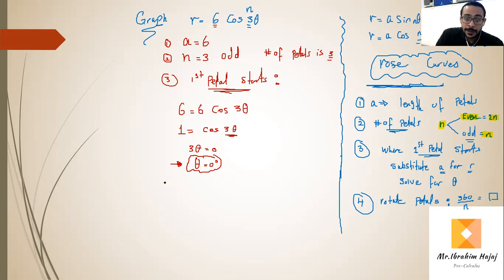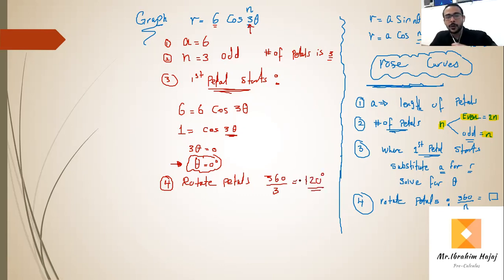Okay, and then number 4, the important step, to find the rotated petals. 360 over 3. 360 divided by 3, where 3 is the value of n from above. So 360 divided by 3 is 120 degrees. Every 120 degrees.